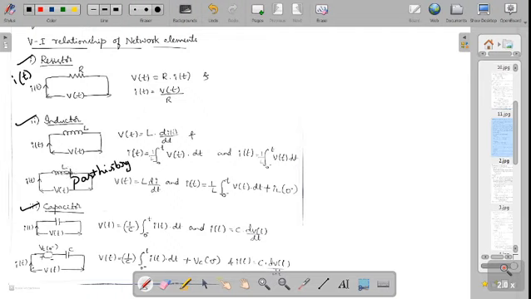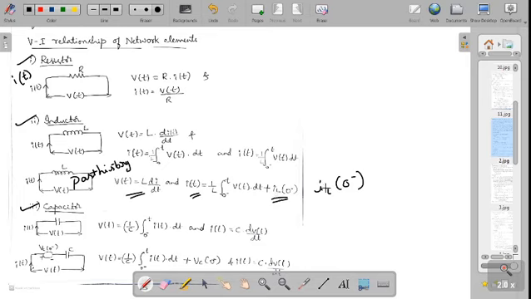In that case, the voltage equation remains as it is: v of t is equal to L into di of t by dt, whereas for current, it would be 1 by L integration from 0 minus to t of v of t into dt plus I L of 0 minus.